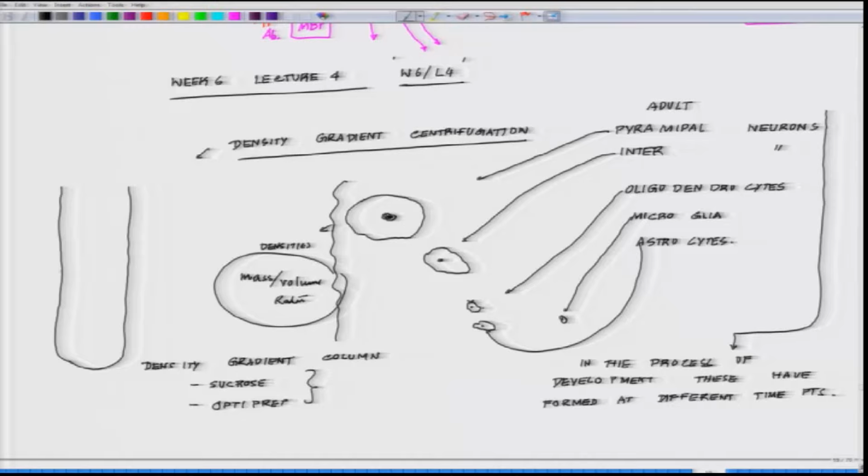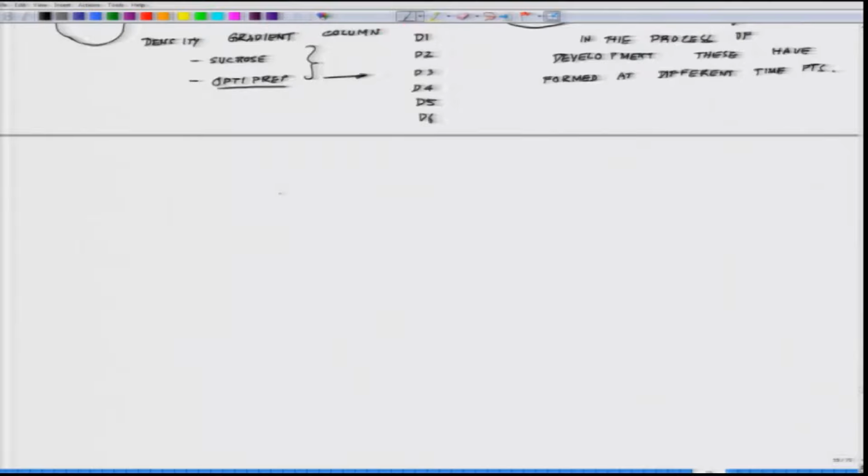You form a density gradient. Density gradient means you can make solutions of different densities. Say for example, you take OptiPrep, density 1, density 2, density 3, by mixing it with some suitable buffer, D5, D6. Let us take this simple example.